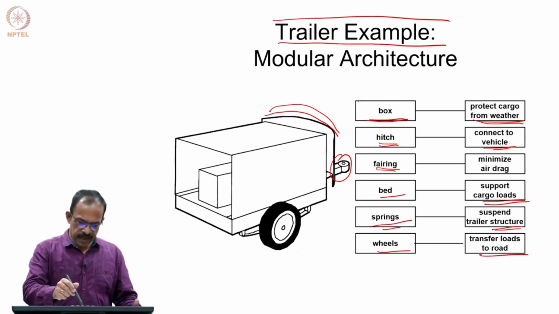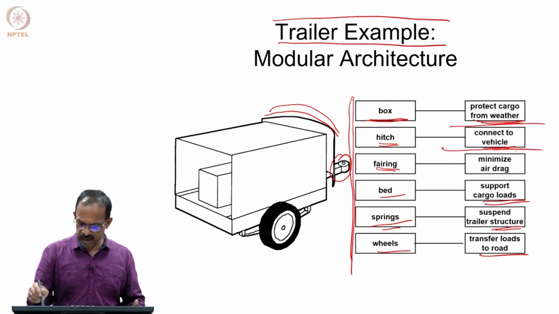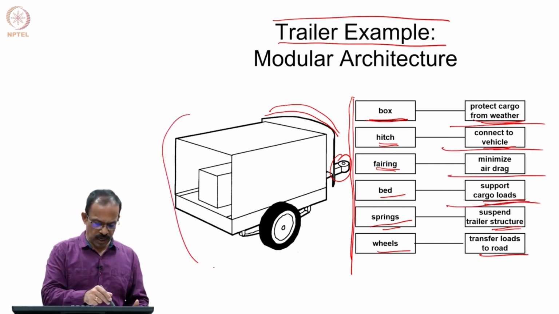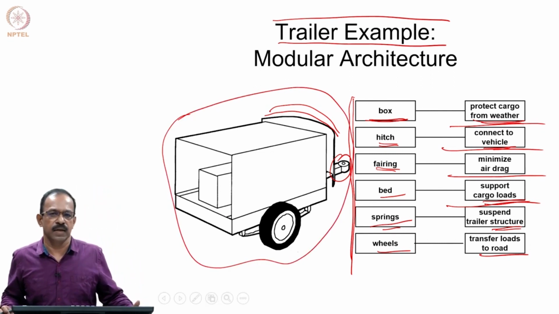Now, you can see each physical block has got some function to do, and when you combine them it provides the overall function of the trailer. So, that is the typical modular architecture where you have multiple modules.